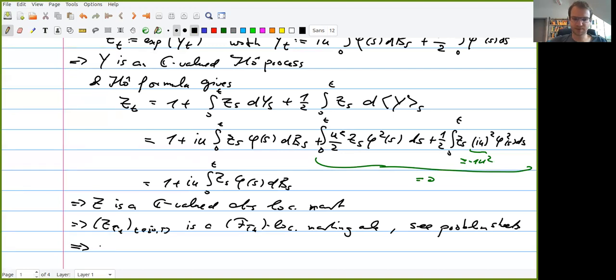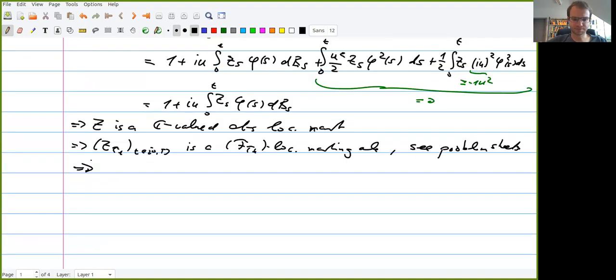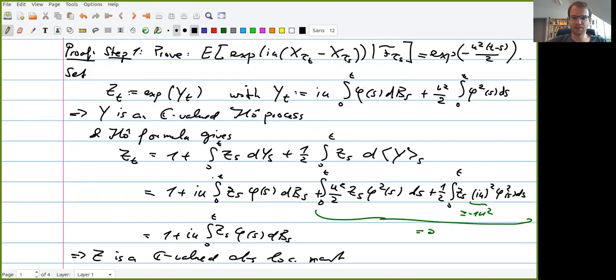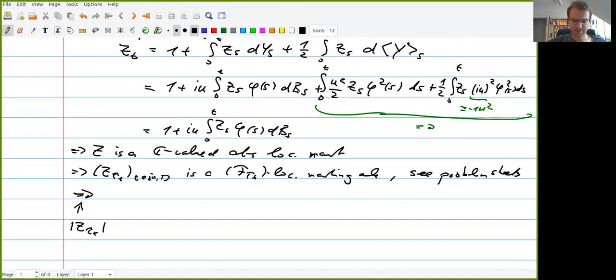And we know that, by definition, if you take the absolute value of this time change local martingale, looking at the definition, this is complex valued, so we can bound it by the exponential of u squared over 2 times t.